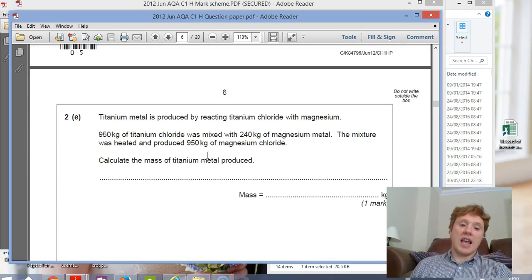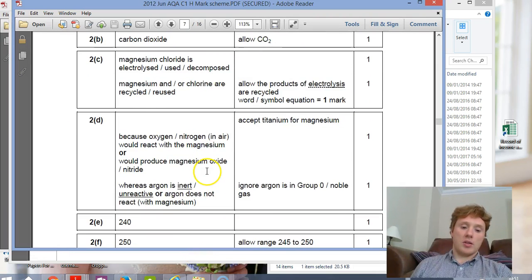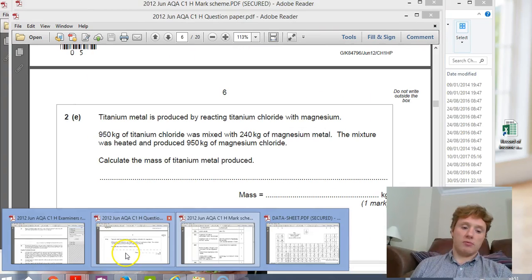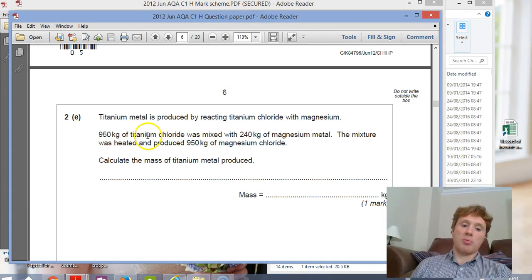Right, next one. Titanium metal is produced by reacting titanium chloride with magnesium. 900 kilograms of titanium chloride was mixed with 240 kilograms of magnesium. You've got 950 kilograms of magnesium chloride. To calculate the mass of titanium, I'm going to give you 3 words as a clue. Conservation of mass. There you go. Off you go. 240. Reason being, the product's mass has to be the same as the reactant's mass.